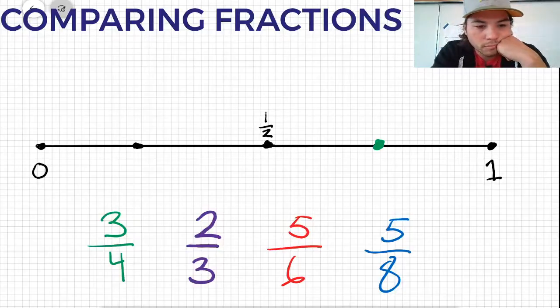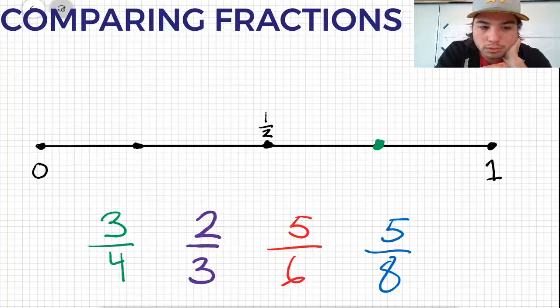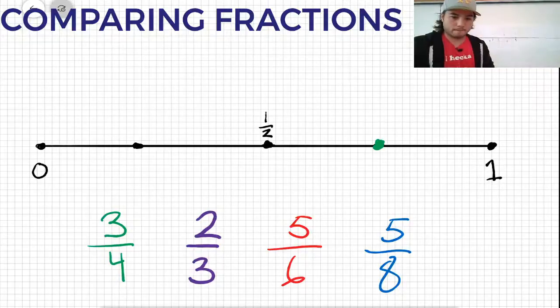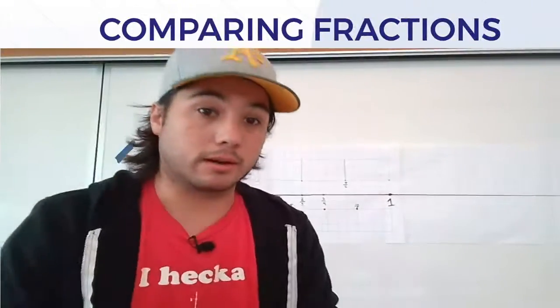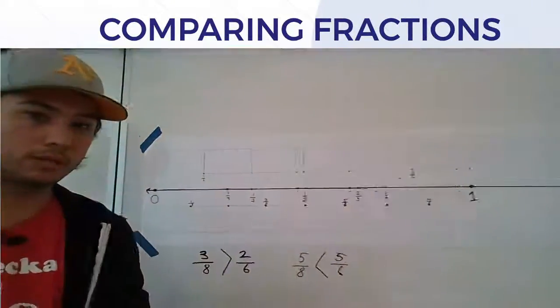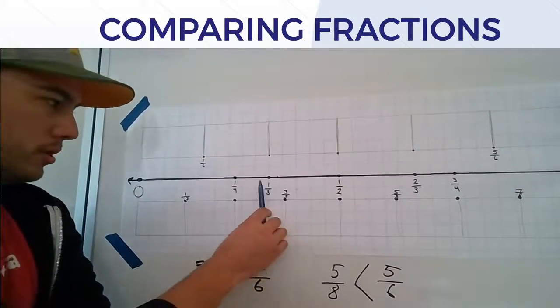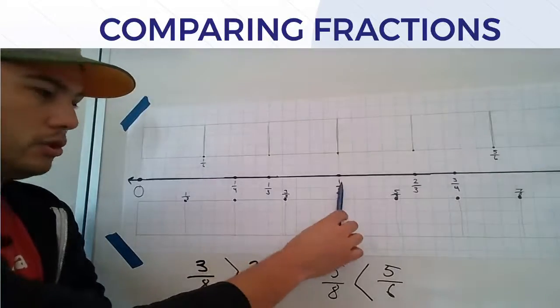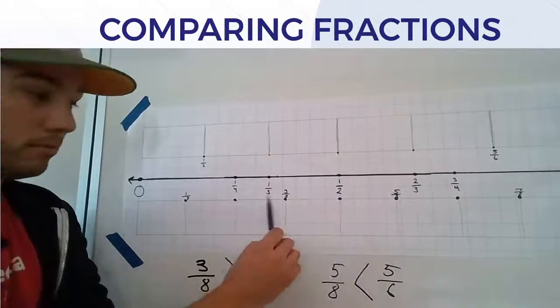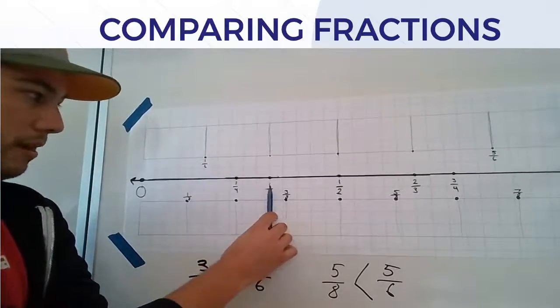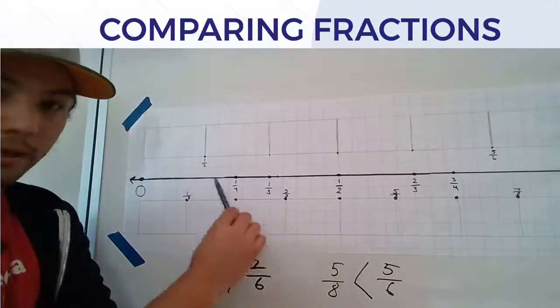Now let's go to 2/3. If we were to look back at our number line over here, what helps me is using 1/2 as a guide point for our thirds. 1/3 is most of the way to 1/2 without going over it.